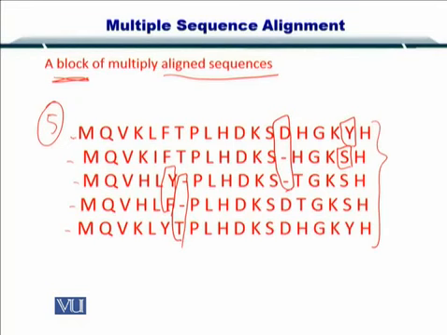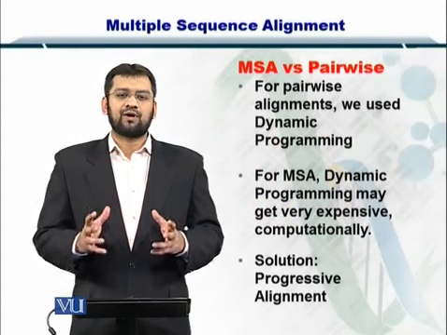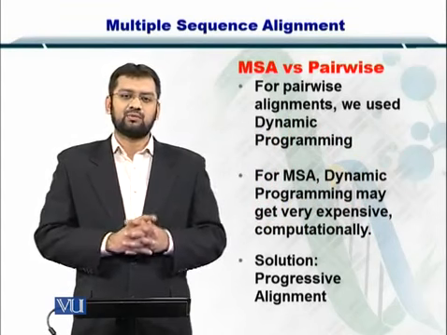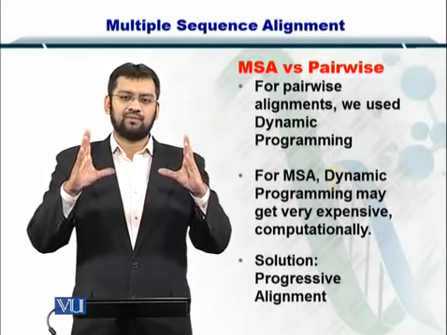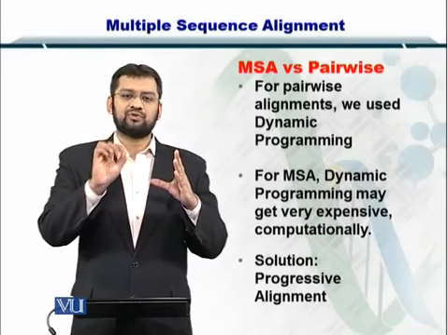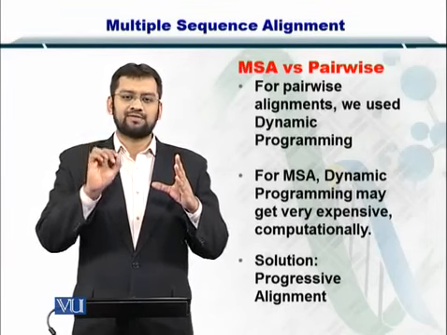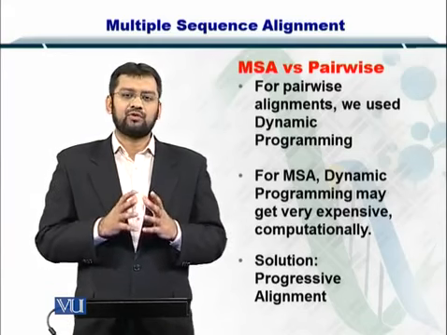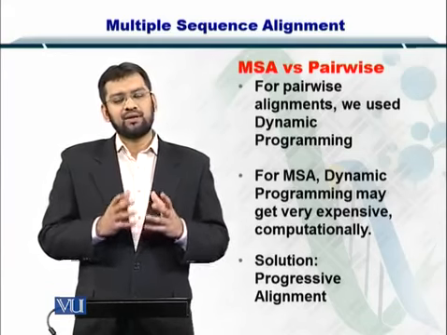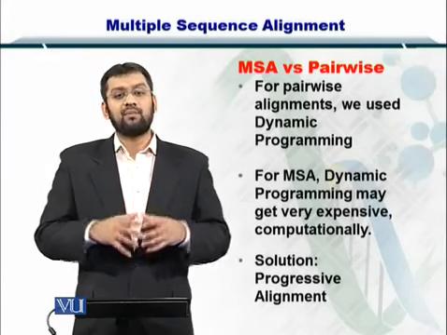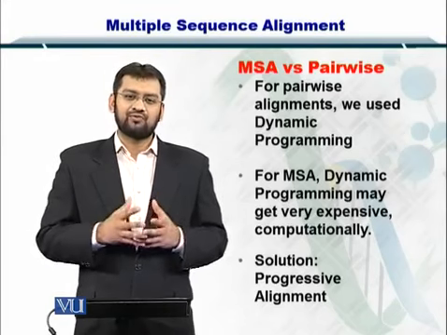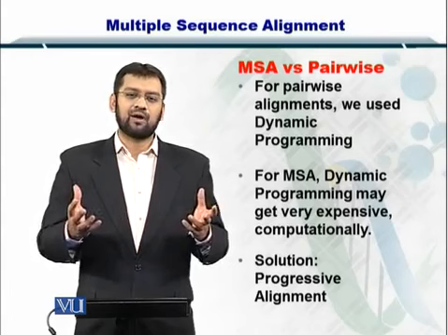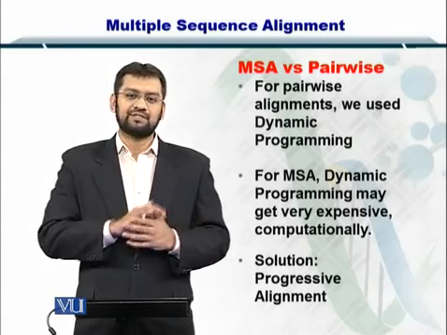So for the pairwise sequence alignment, we used the dynamic programming paradigm, in which we had this entire alignment matrix and we computed each position within this matrix step by step. This helped us to compare two sequences. But imagine a case where you have to compare multiple sequences, and therefore you would have to perform dynamic programming or DP in multiple dimensions.